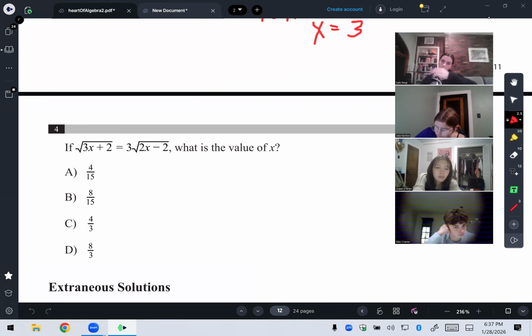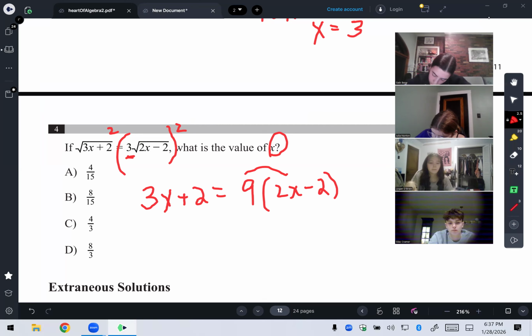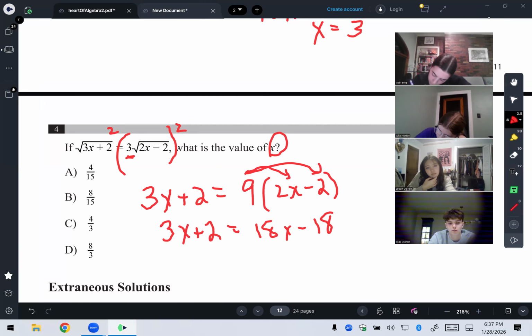So this one, I'm trying to get X, so I want to square both sides. The only conflict is I have to square this 3 since it's in the parentheses. So I will get 3x plus 2 equals 9, 2x minus 2. Then I have to distribute the 9. 3x plus 2 equals 18x minus 18.